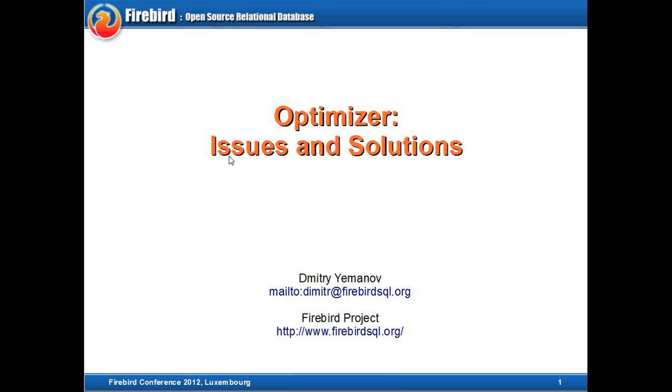So we'll discuss what are the problems in the optimizer area. We'll start with what were the problems in the past, how clever or maybe how dumb was the optimizer in the past, how did it improve in Firebird 2, and what problems are still remaining that are known to us developers and that we are working on the solutions, and what particular solutions you could expect soon.